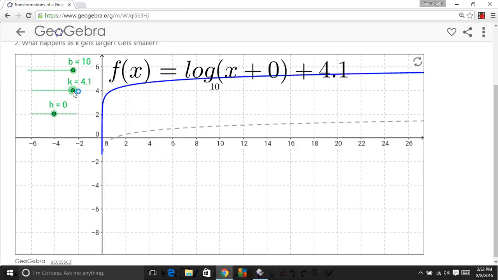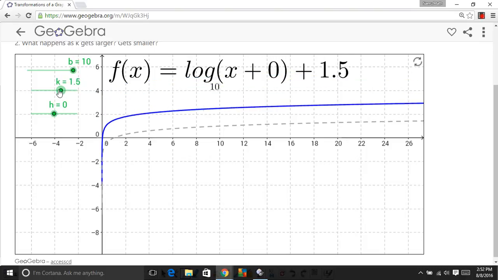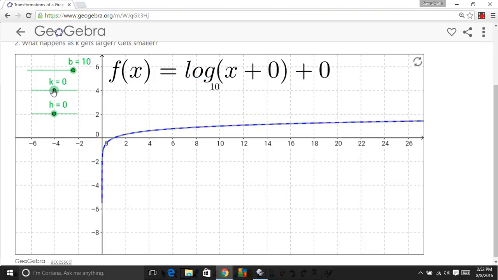Now, what happens when you have the log function and instead of adding, you subtract? Let's go back to our original state, which is 0. Now we're not going to add numbers outside the parentheses. Let's see what happens to the graph when we start to subtract numbers.